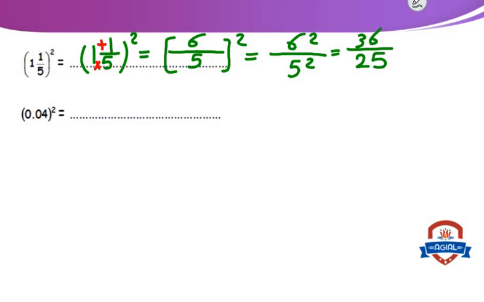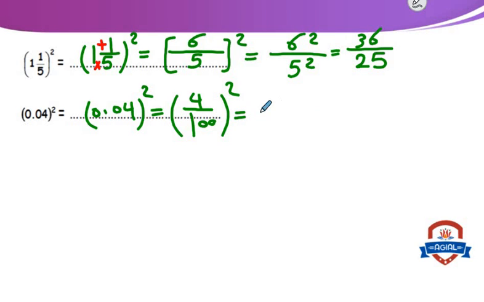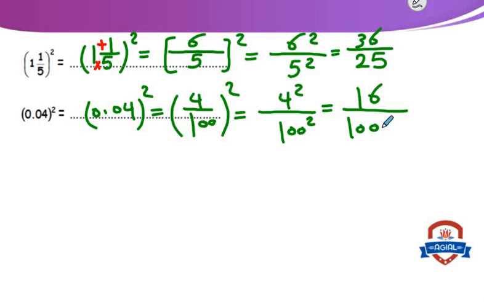Next, 0.04 to the power 2. 0.04 equals 4 over 100, since there are 2 digits after the point. So 4 over 100 to the power 2 equals 4 to the power 2 over 100 to the power 2 equals 16 over 100 to the power 2. 100 times 100 equals 10,000.